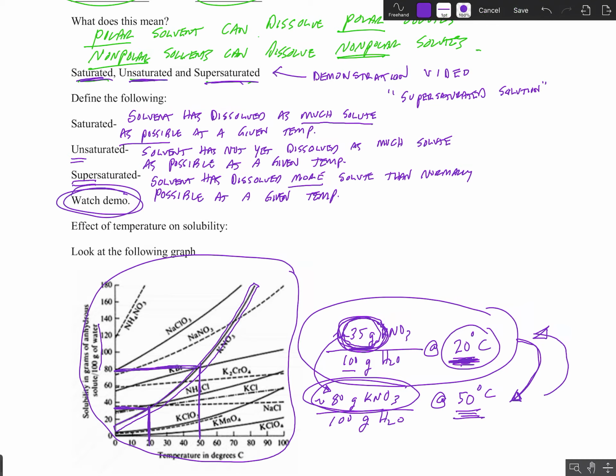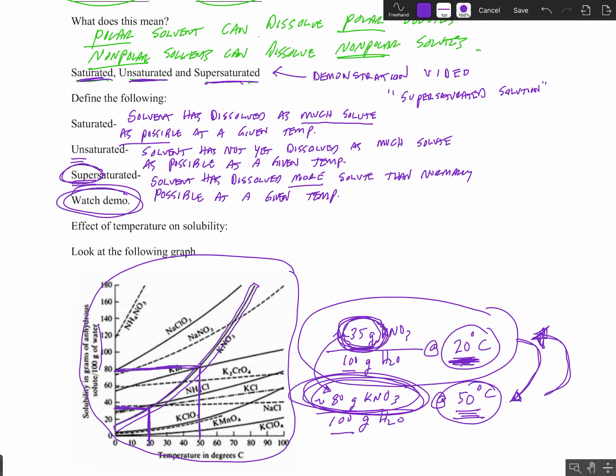But what I'm essentially doing is I am forming a solution at a higher temperature that's saturated. So let's say I dissolved 80 grams of potassium nitrate in 100 grams of water at 50 Celsius. There are some solutions that when you cool them back down, instead of the excess crystallizing or precipitating out, they stay dissolved. And so you have more than you normally can have at that temperature. And so since you have more than you normally can have, we call that supersaturated.